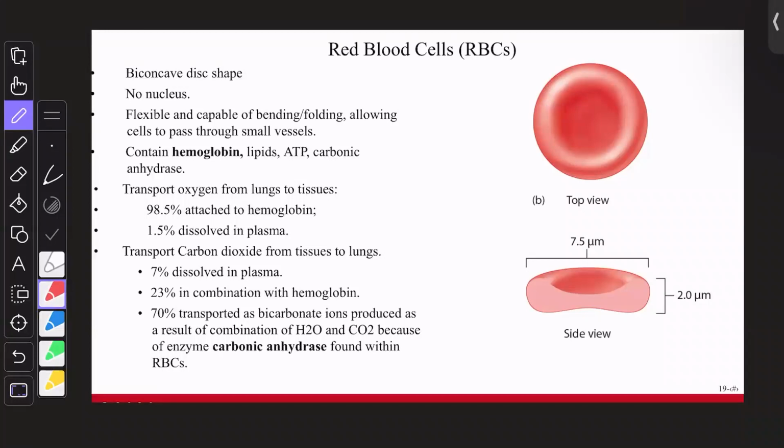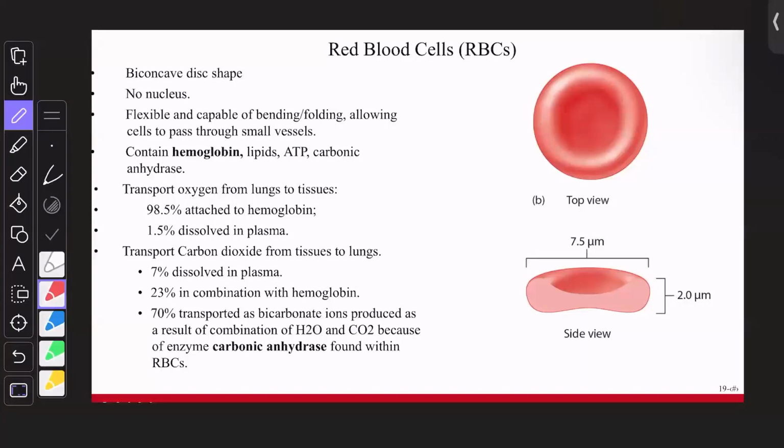The oxygen attaches to the hemoglobin molecules, and the red blood cells carry them to where they need to go. Most of the oxygen gets carried that way, not all. There is a small percentage of oxygen, 1.5%-ish, that dissolves in the blood and is transported that way. It just kind of hangs out in the blood. This is very different from carbon dioxide.